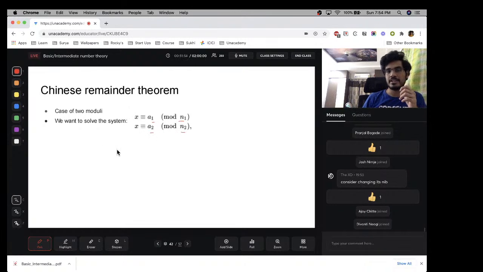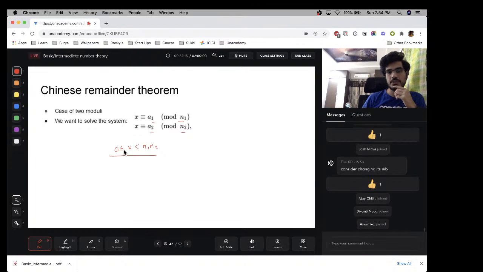We try to find such an x where 0 is less than or equal to x, less than n1 n2. We try to find that there exists such an x given a1, a2, n1, n2.